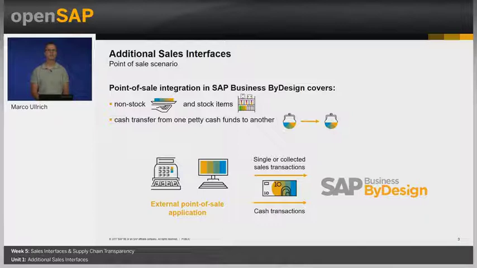Additional material master and logistics area are required for stock items. So all these data are required to establish a successful data transfer. Ideally, you have a master data integration in place for this.